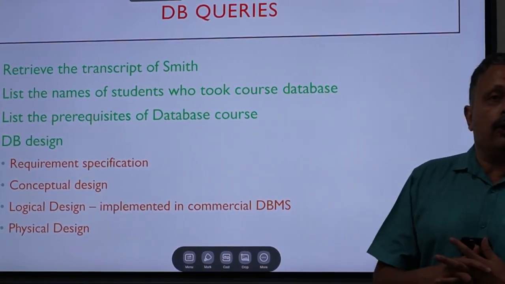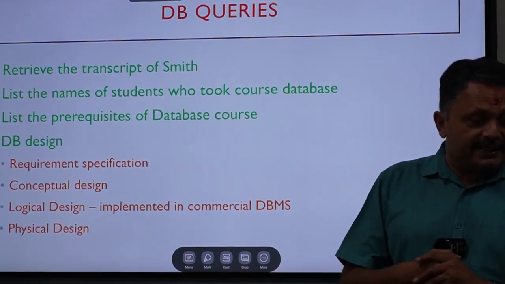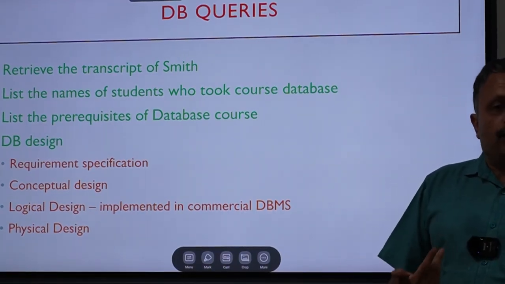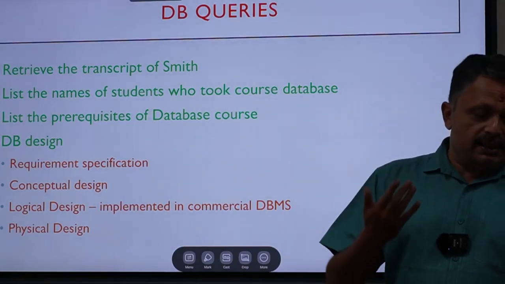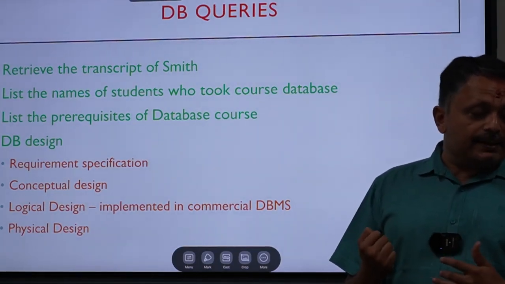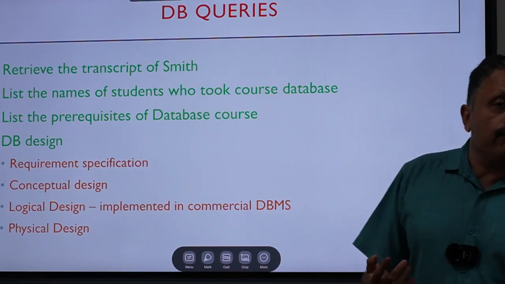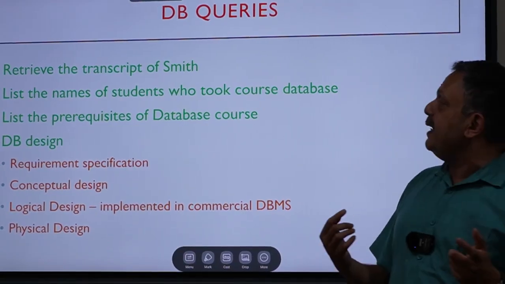Then you have what are known as database queries. So what do you mean by queries? For instance, if I want to know how many students in the database class have an attendance of greater than 85%, I'll convert it into a query and query the database.